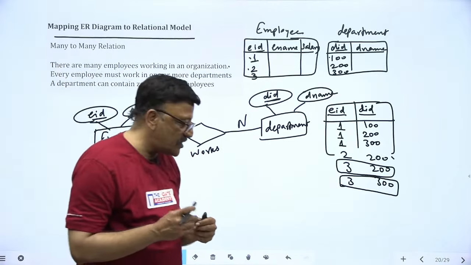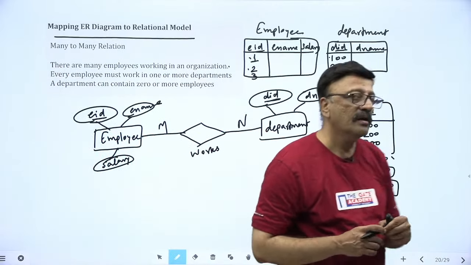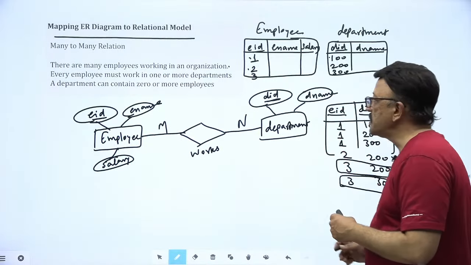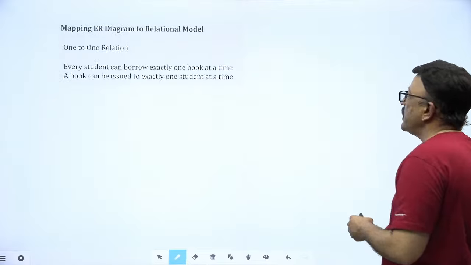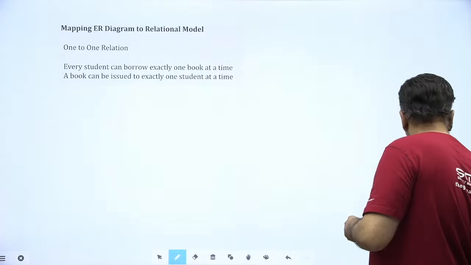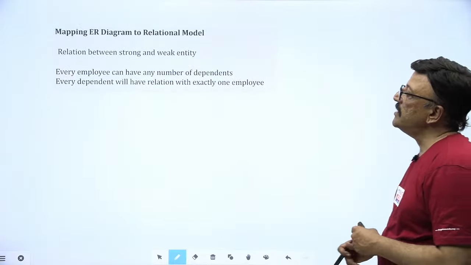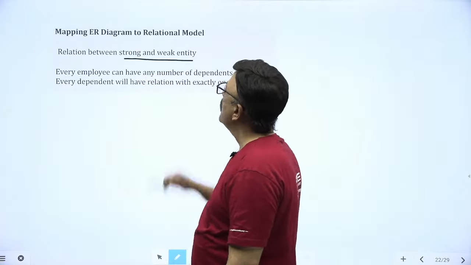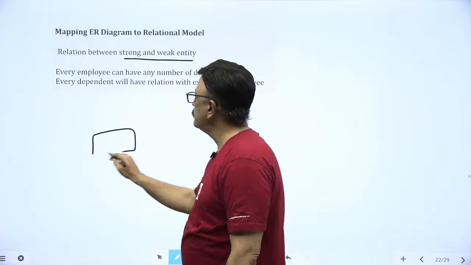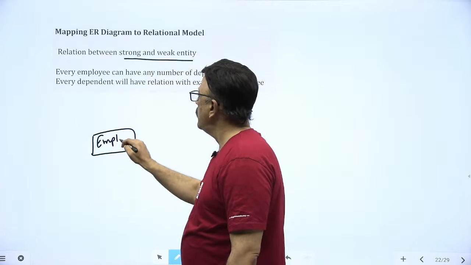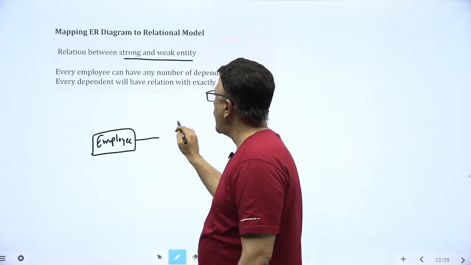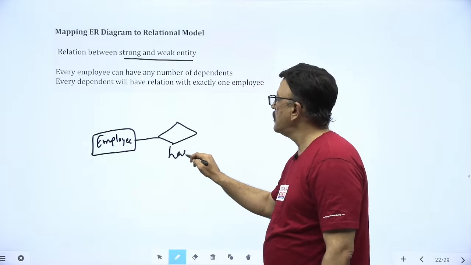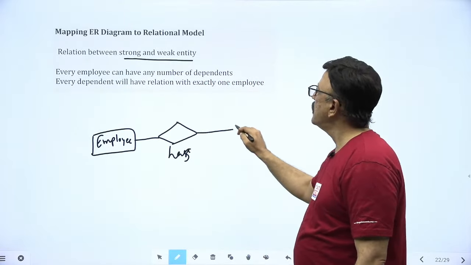And now the last fundamental I am telling is about strong and weak entity sets. Just see, this problem we had taken about strong and weak entity sets, and we said that an employee has dependents.